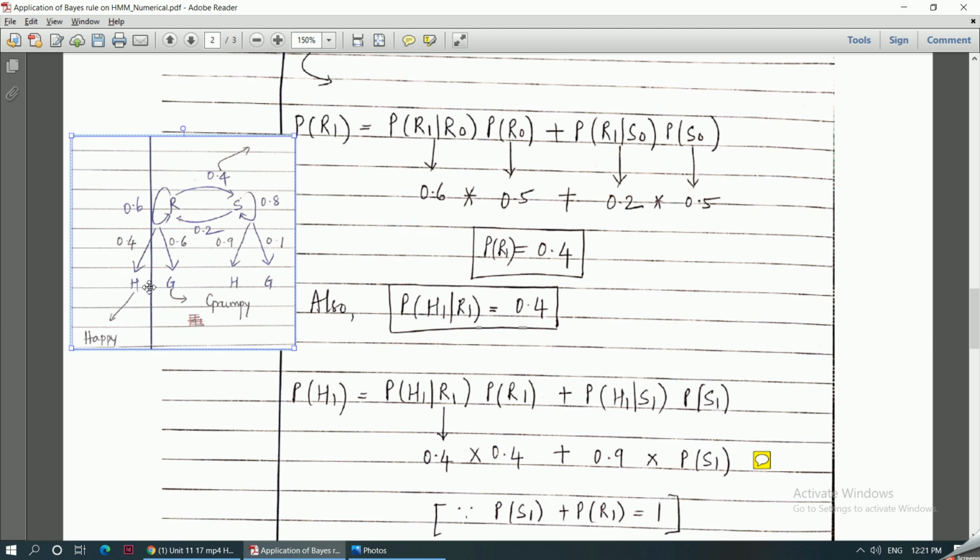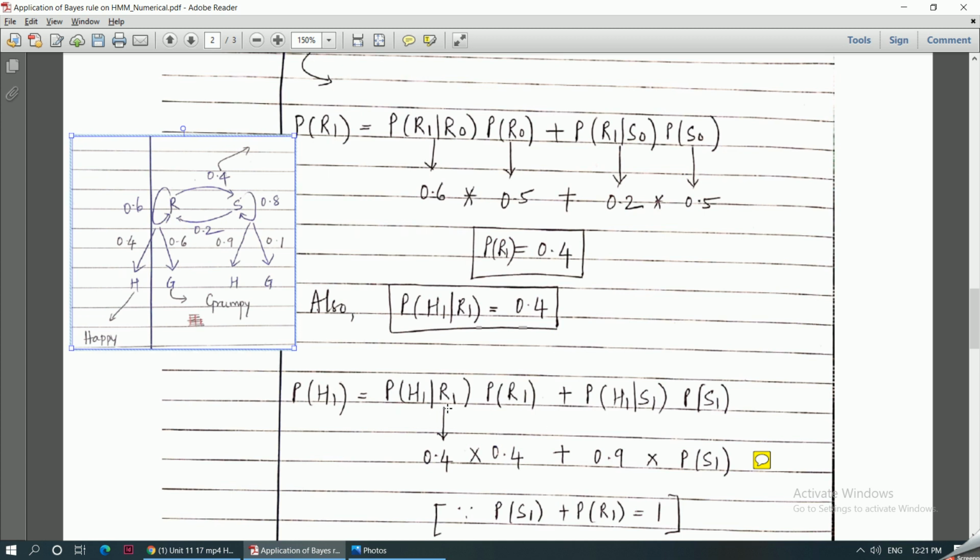Now, happy is present in both cases. That is why we have to consider S1 also. So probability of H1 given that it rains on day 1 into probability of R1, plus probability of H1 given that it is sunny on day 1 into probability of your S1.